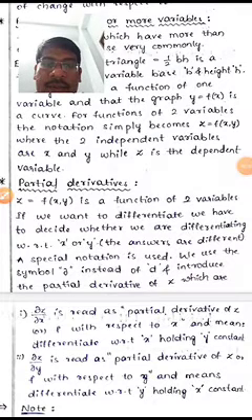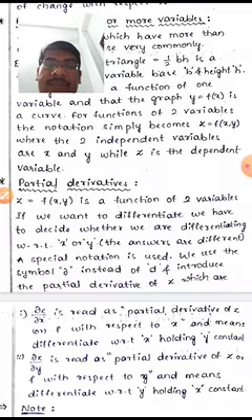Partial derivatives. Suppose z is a function of x comma y, a function of two variables. If you want to differentiate, we have to decide whether we are differentiating with respect to x or with respect to y. Here we are doing it with respect to x, that is dou z by dou x.